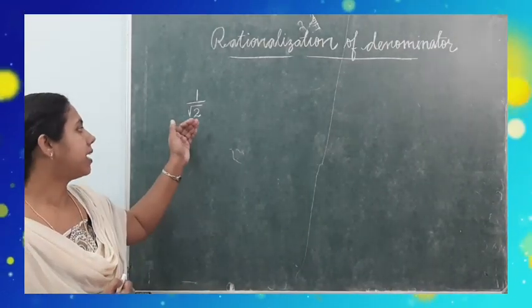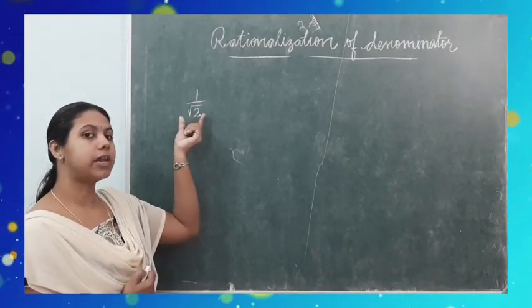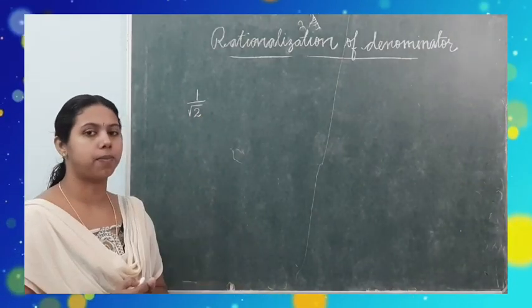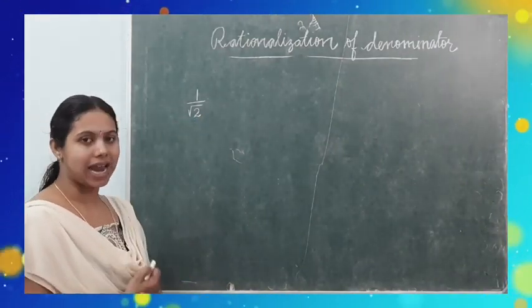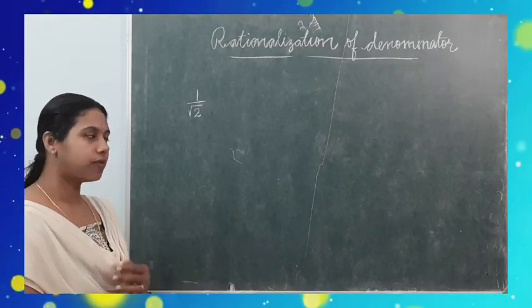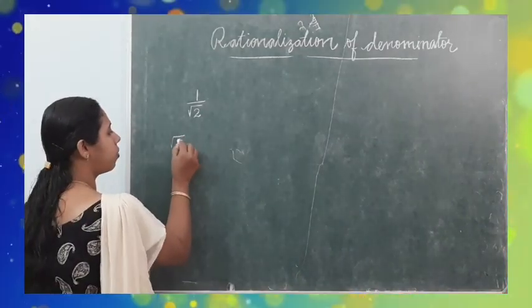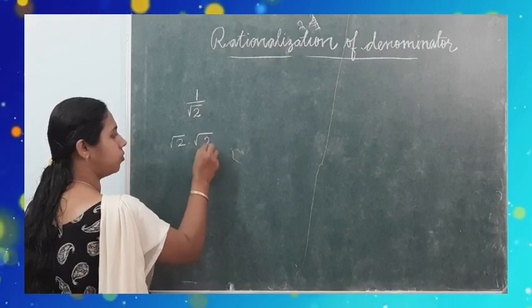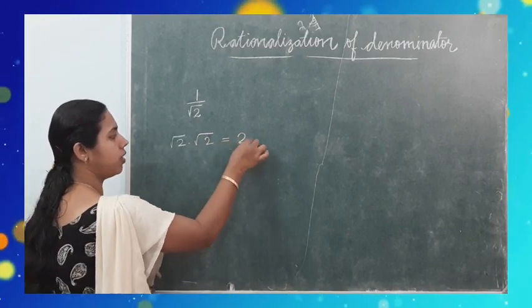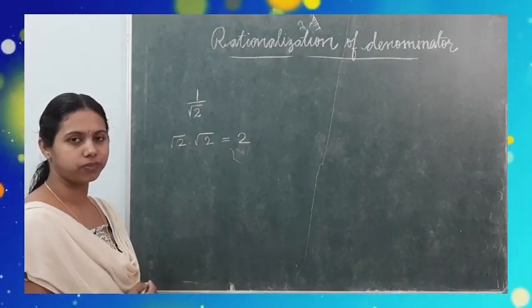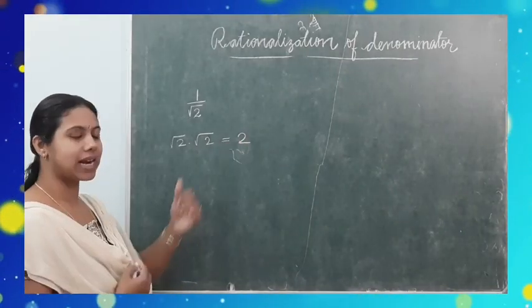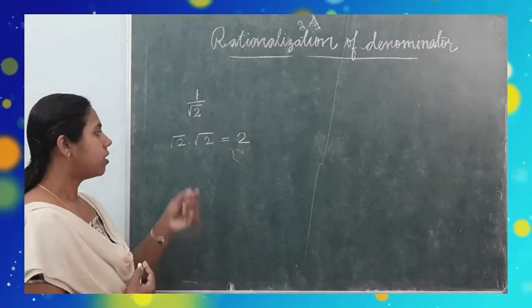Here the denominator is root 2, an irrational number. Now to make this denominator a rational number, we know that root 2 into root 2 is equal to 2, and 2 is a rational number.